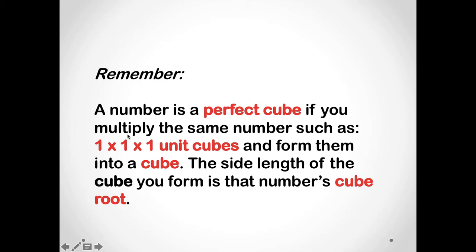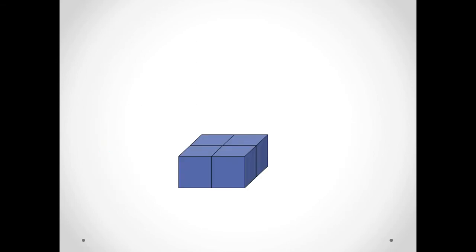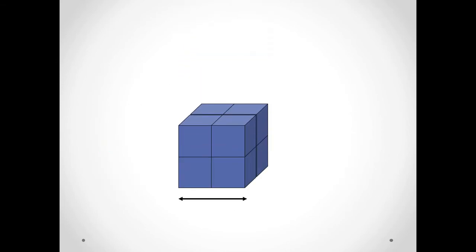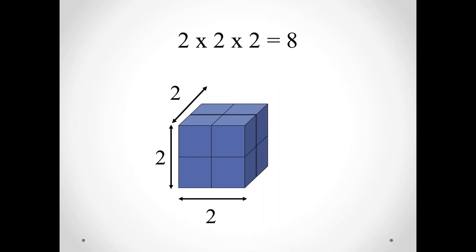A perfect cube is the same but multiplied 3 times. The same number by itself but 3 times. Cube here refers to 3. For example, just like how we find the volume with length, width and height, we find the cube of a number by multiplying it by itself 3 times.